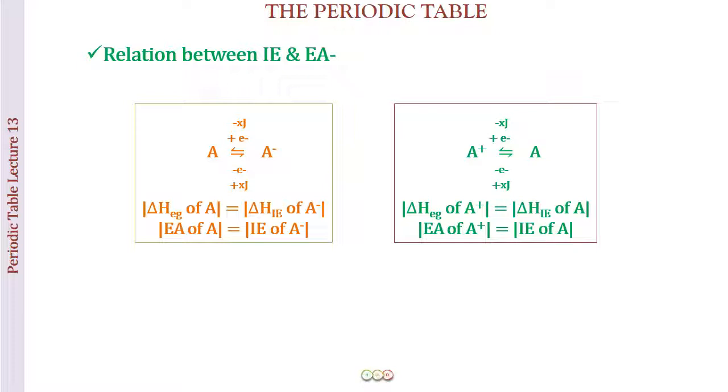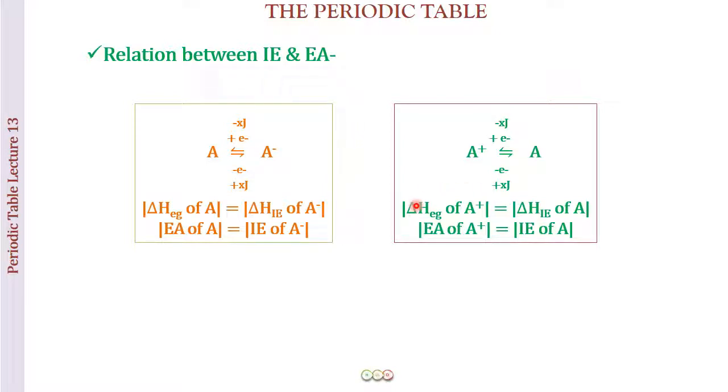Similarly, we can see this in the case of a cation as well. So a cation gains an electron to form a neutral atom in which minus X joules is going to be the enthalpy change, which we call the electron gain enthalpy. And then converting A to A positive, there is going to be loss of an electron, and there is going to be an enthalpy change of X joules, and this we call the ionization enthalpy.